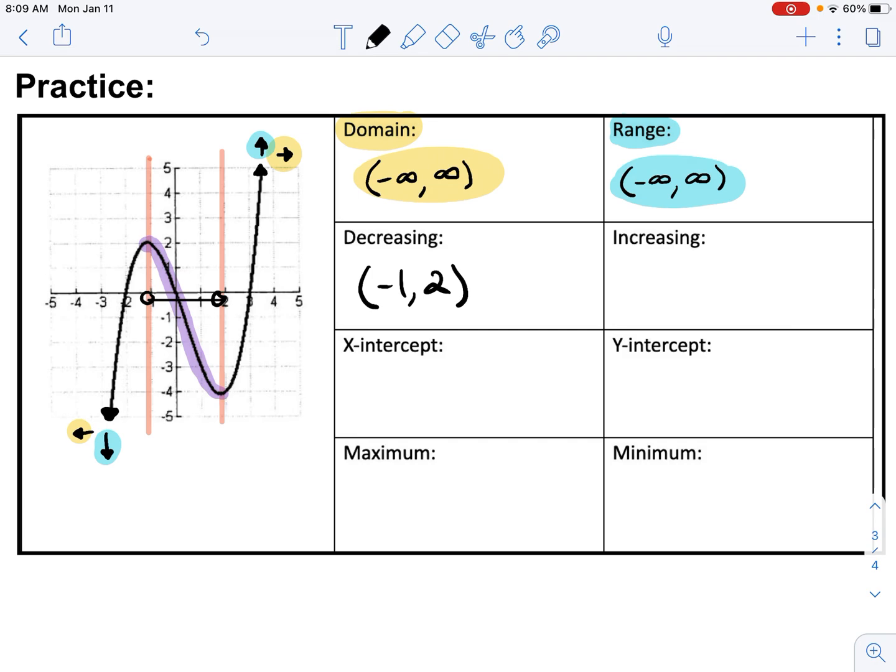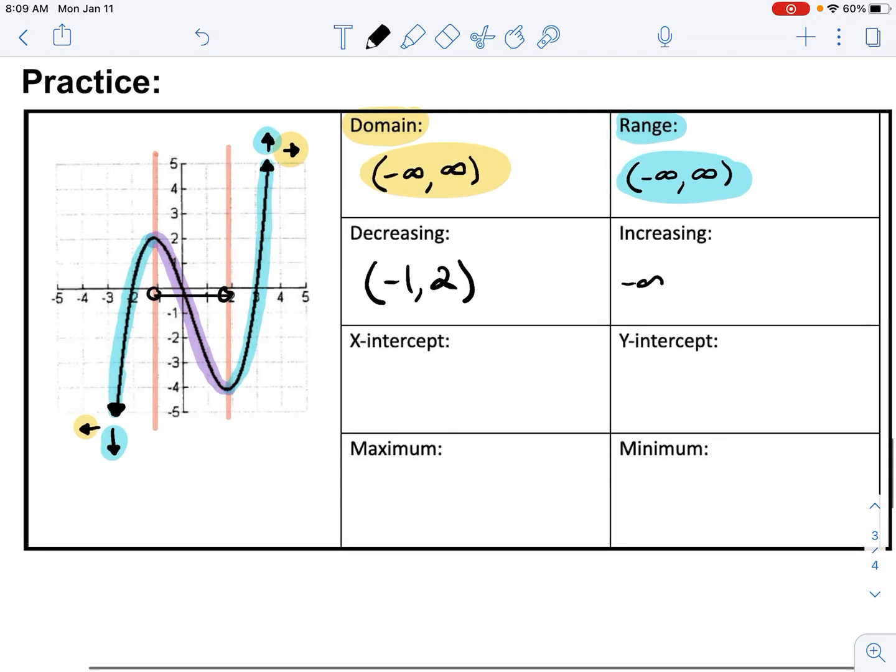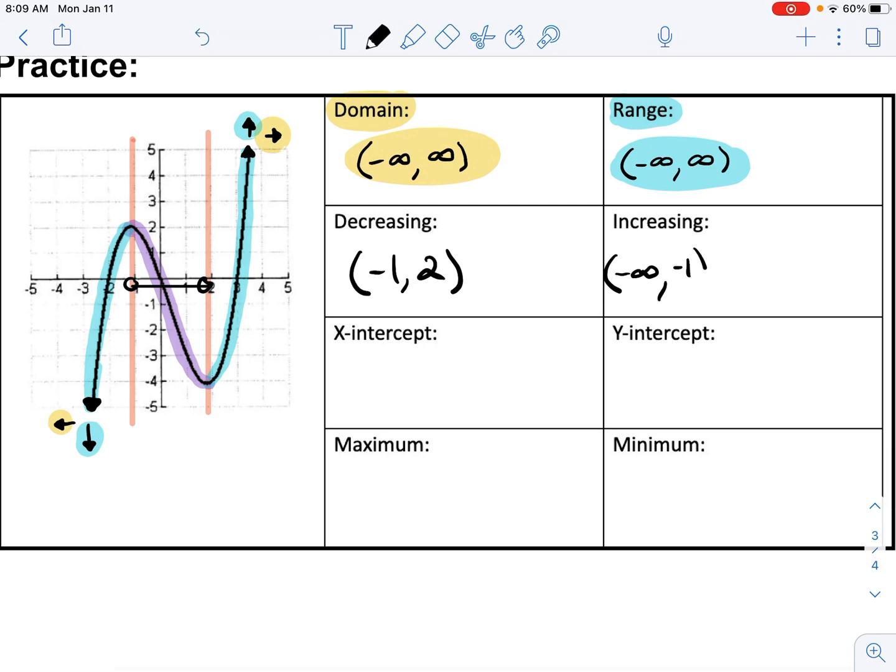All right, increasing, it's increasing from here to here and from here to here. So from the left, because we have this arrow going to the left, it's going to be from -infinity, which you never reach, until -1, where it changes direction. So the section I'm talking about in domain is right here.